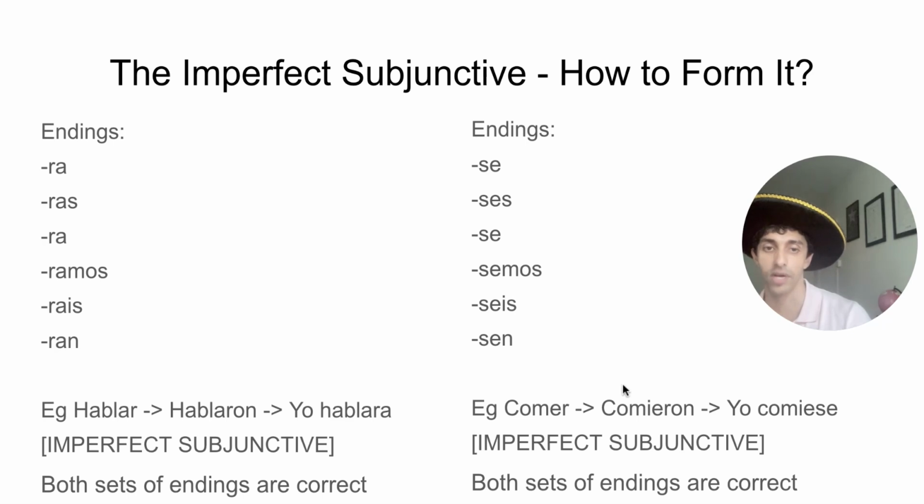So the yo form, that ending would be just the letters se, making comiese, or yo comiese, in the imperfect subjunctive. So both sets of endings are completely correct. You can choose either, and it would be useful to be able to recognize both for GCSE and iGCSE exams.